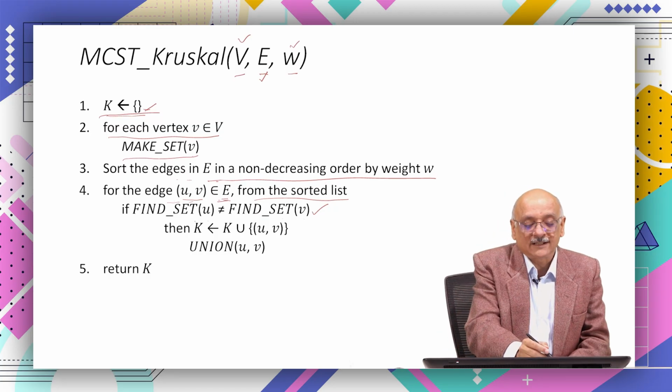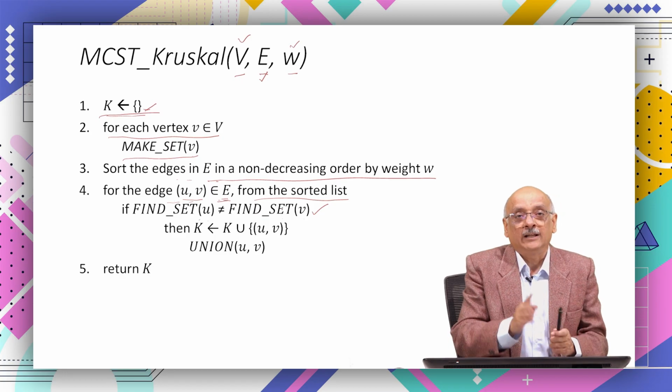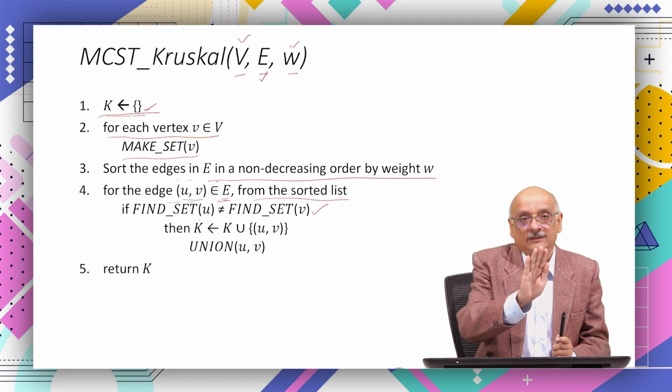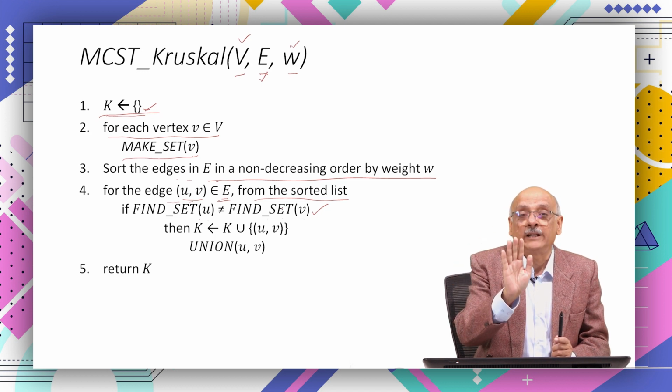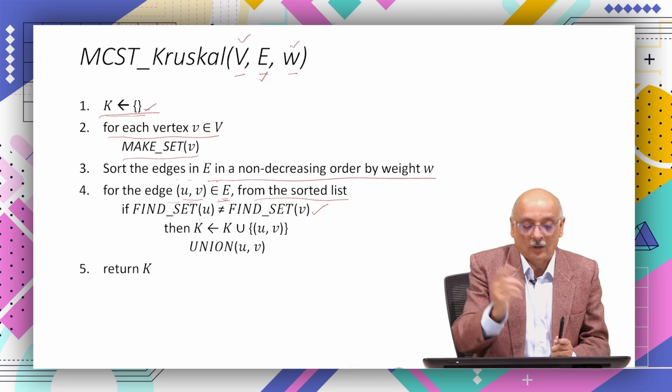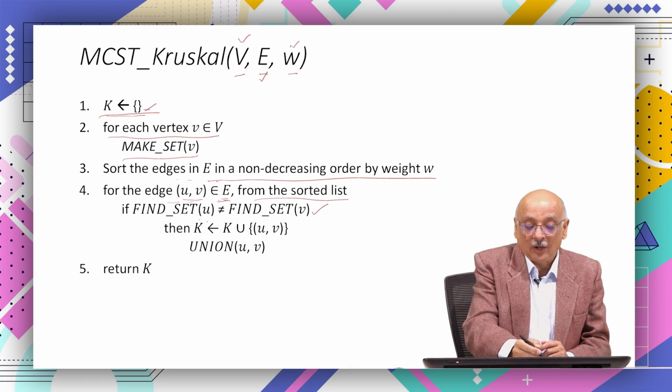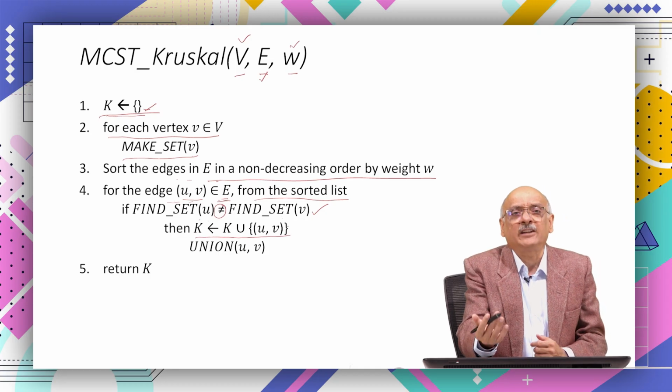So, now we are just checking whether U as well as V, that is the starting vertex and ending vertex of the edge, fall in the same set or not. If they are not in the same set, they are not equal, then you add that particular edge, because it is a greedy approach.